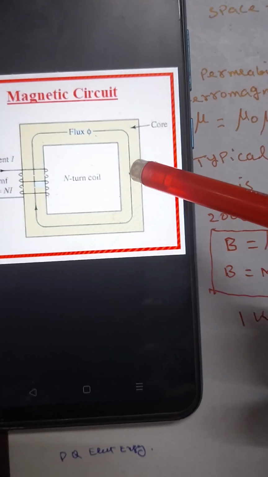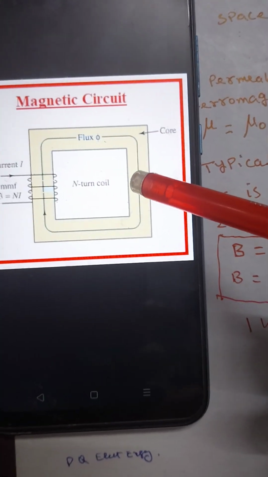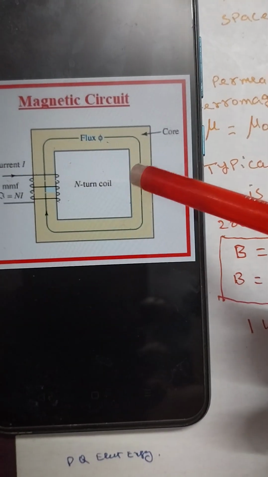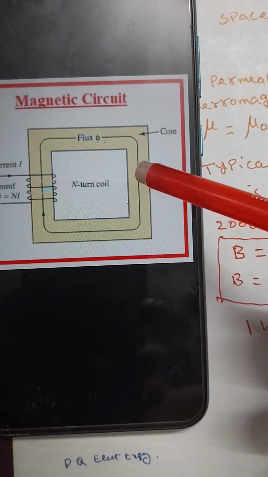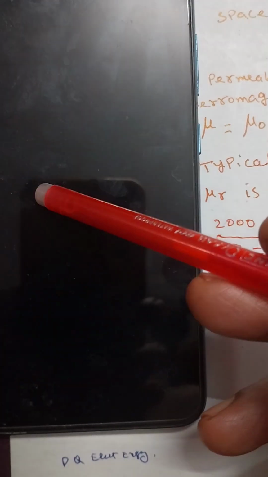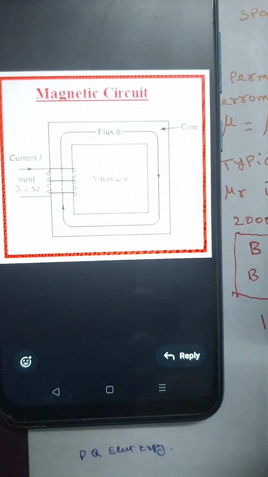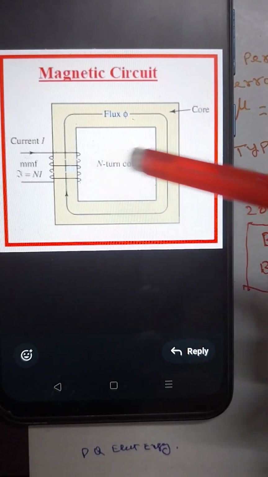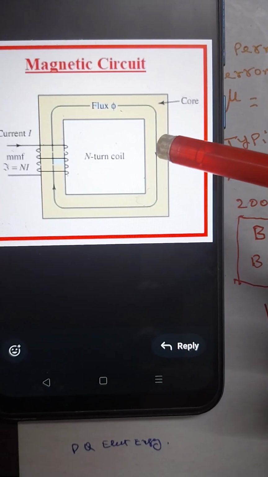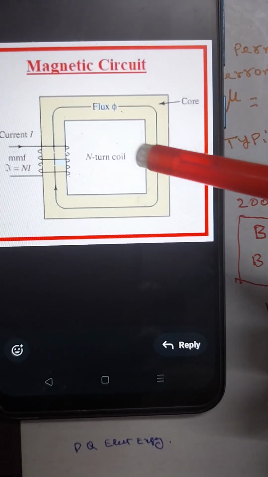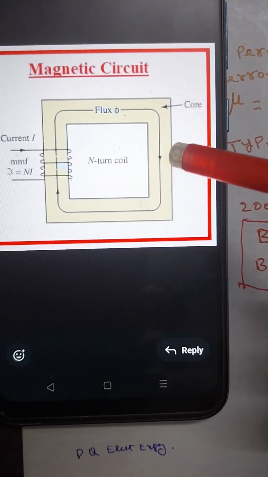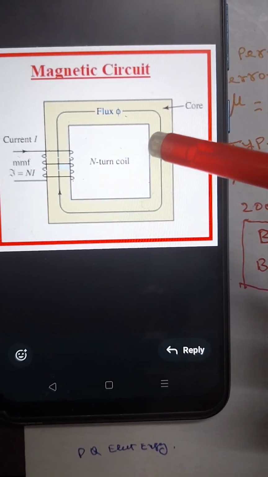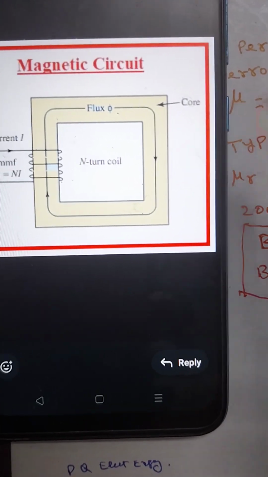This comes to the secondary of the coil, and this varying magnetic field, due to the changing AC magnetic field, will induce current in the secondary winding of the transformer, or induce EMF in the secondary winding of the transformer.